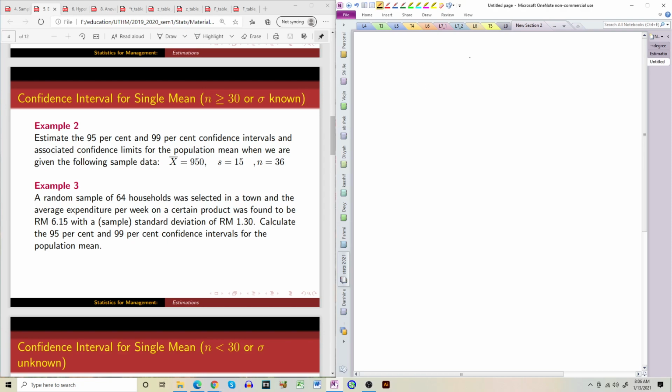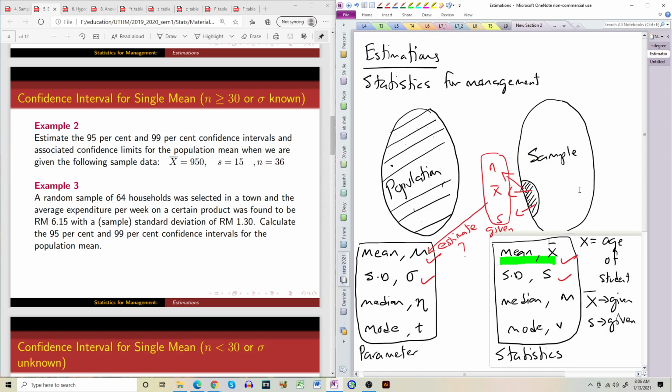Okay, the estimation for the mean, just now I was telling that it is given the sample information n, x bar and s. We're going to estimate the mean of the population, isn't it? It is not a single number.